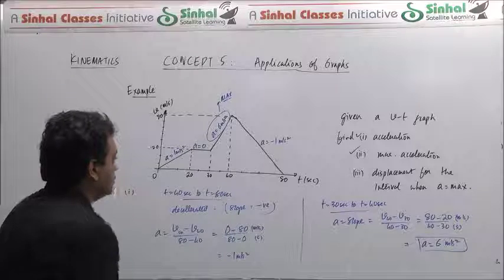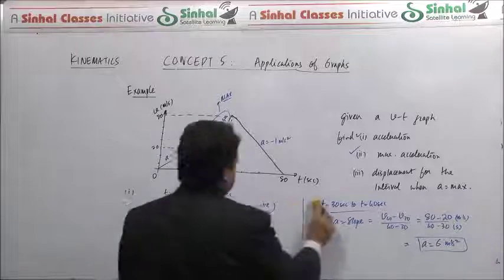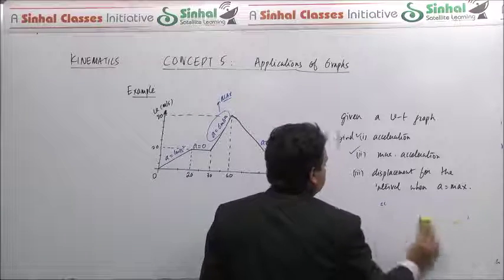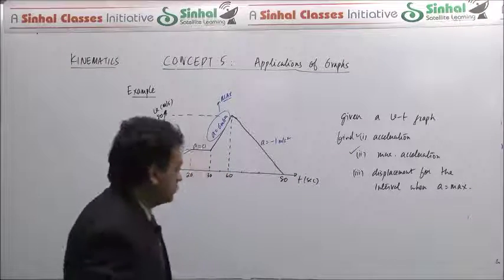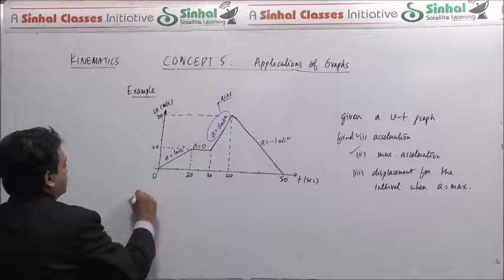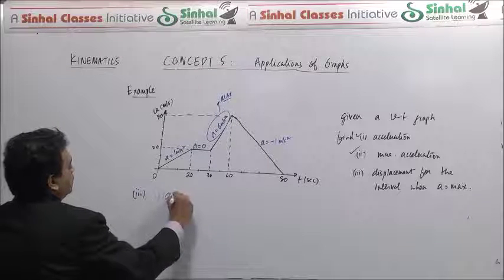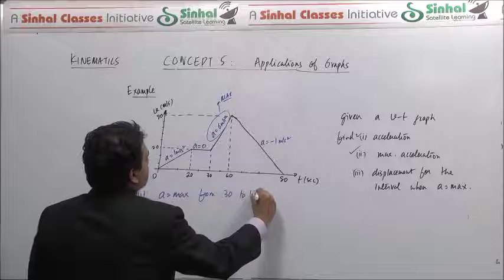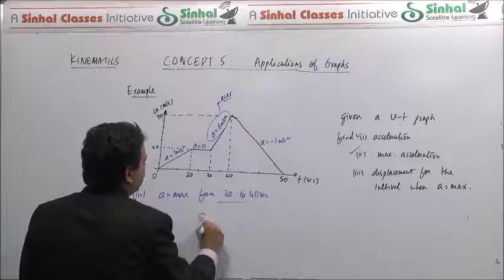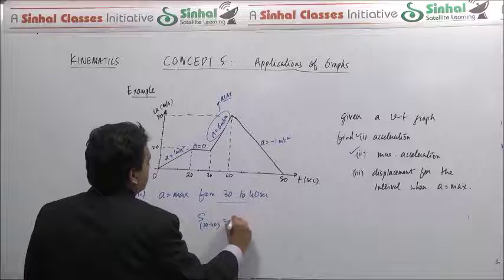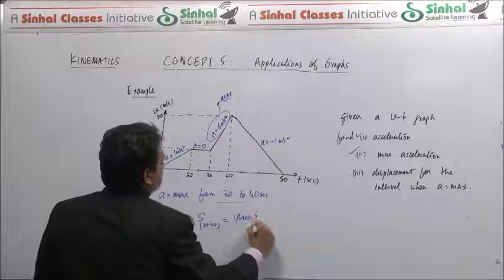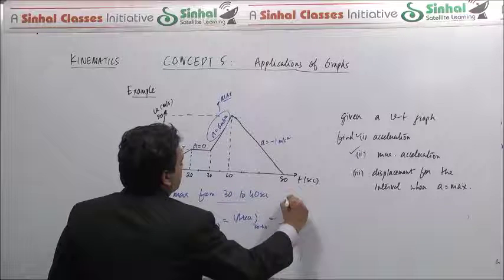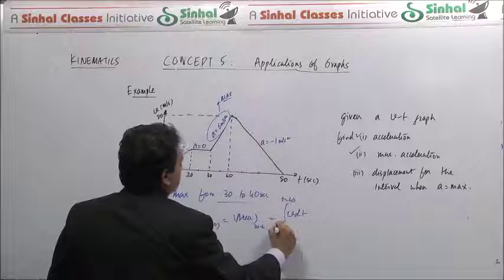Next up, let us look at the displacement in the interval when acceleration is maximum. So the third part, acceleration is maximum from 30 to 40 seconds. So displacement from 30 to 40 seconds will be area from 30 to 40, or basically we can say v dt integrated from 30 to 40 seconds.